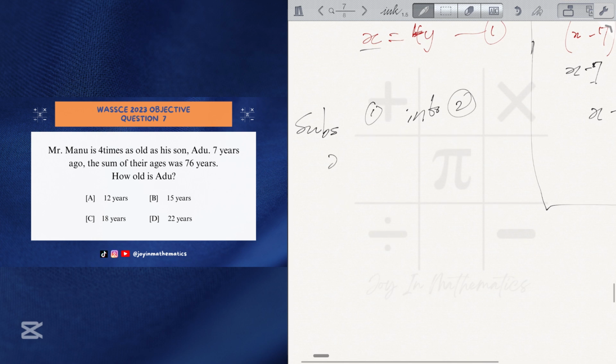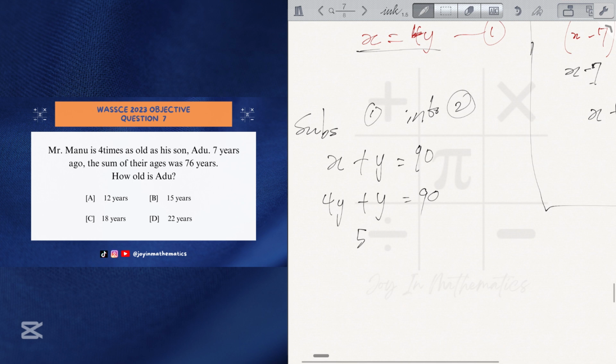Equation 2 is x plus y equals 90, so we have 4y plus y equals 90. This results in 5y equals 90, and y equals 90 divided by 5.